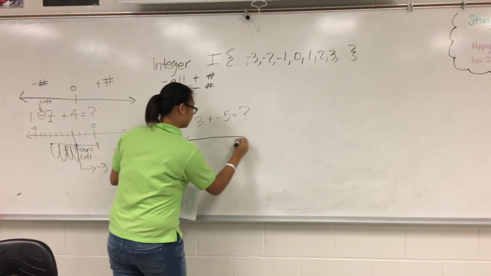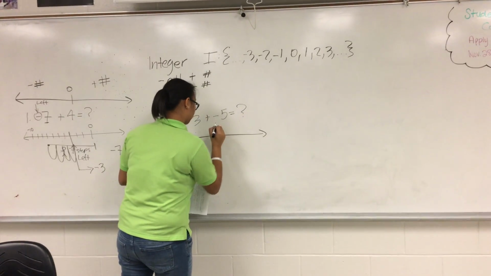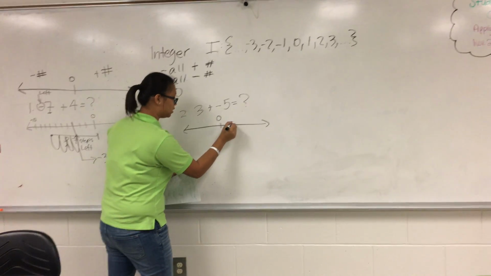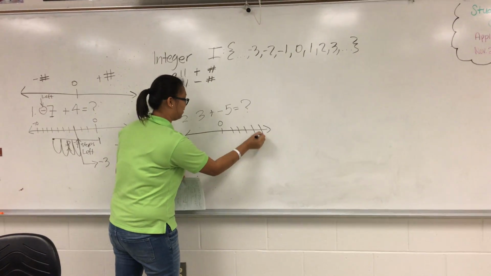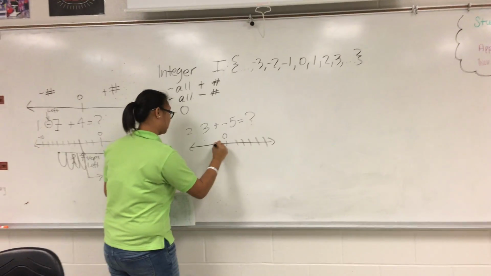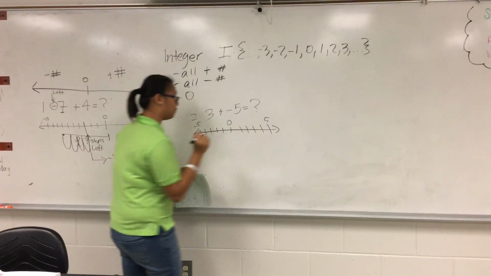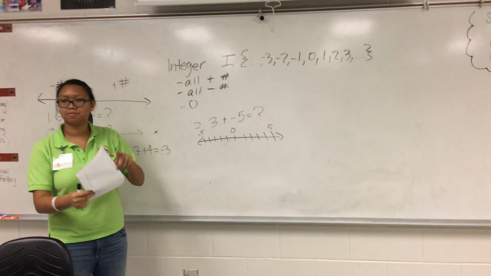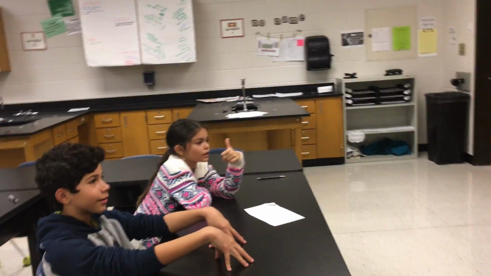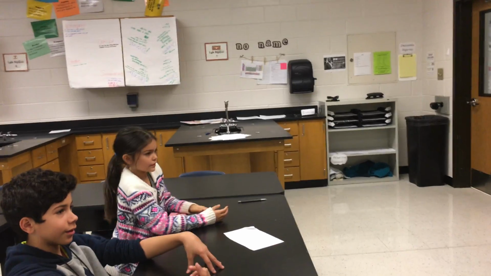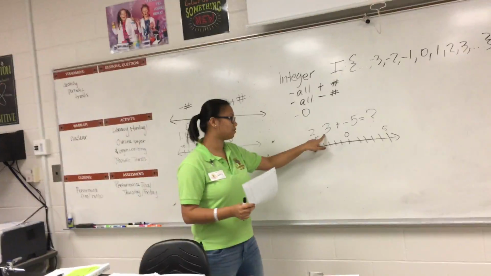Here's 0 again, 1, 2, 3, 4, 5 on the negative side, and 1, 2, 3, 4, 5 on the positive side. So what's the first step? How many steps are we going to take and where? 3 to the right, because that's positive 3.